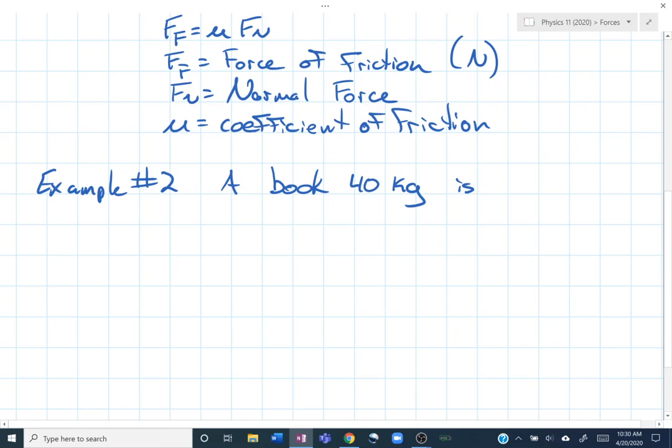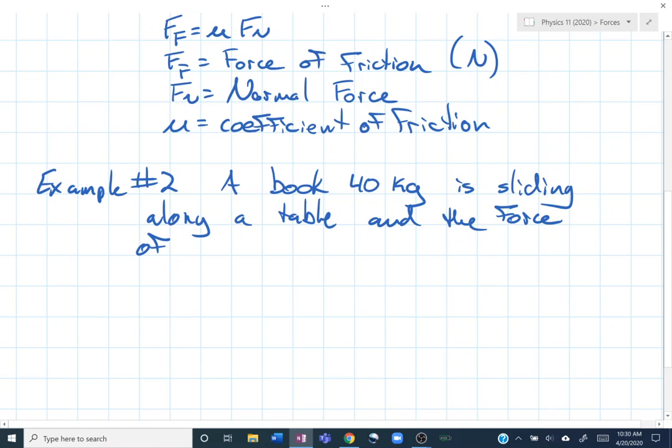A 40-kilogram book is sliding along a table. And the force of friction is 40 newtons. Sorry, 20 newtons. 40 newtons is boring. What is the coefficient of friction?